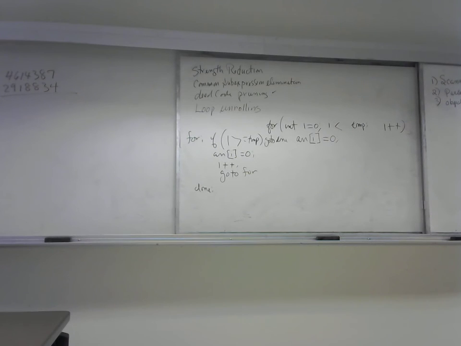So that's 2. Then array i equals 0 is 3, i plus plus is 4, go to 4 is 5. That's 5 instructions for every pass of the loop. So you have one assignment with 5 instructions, and only one of those actually does anything useful for you. So there's a lot of overhead.